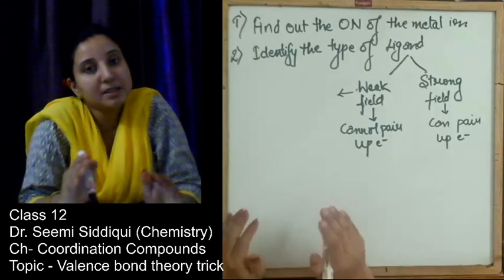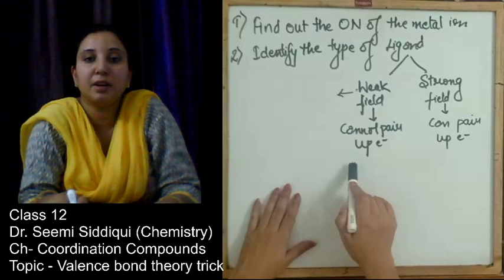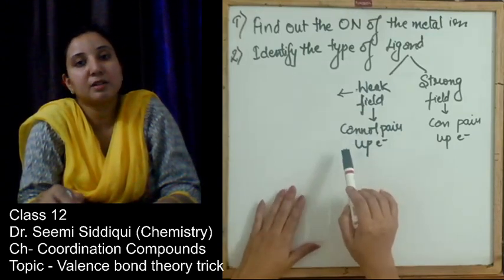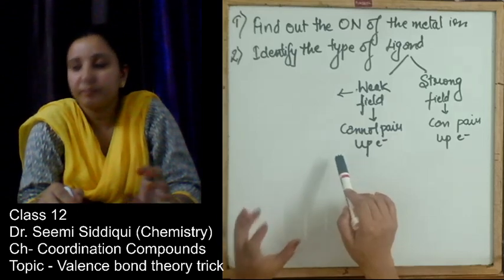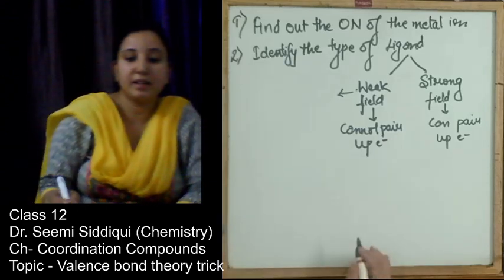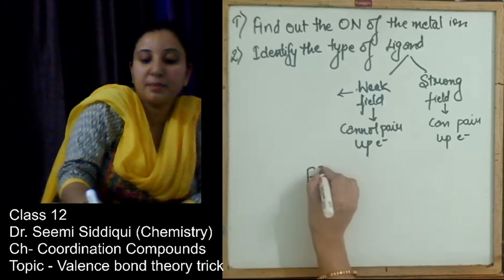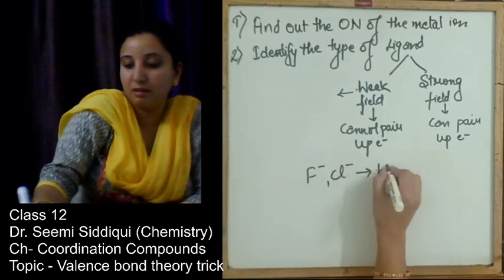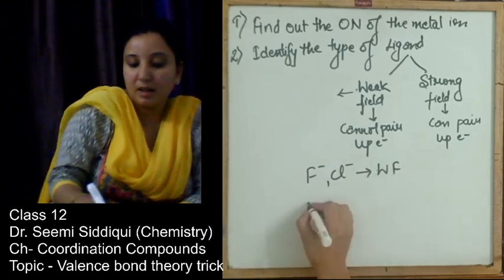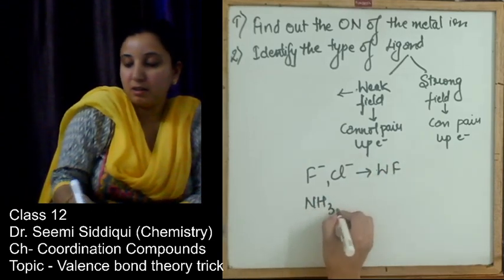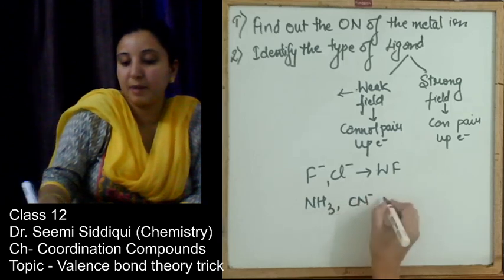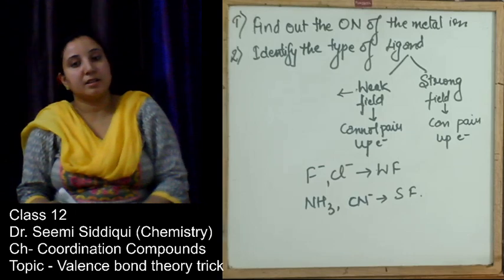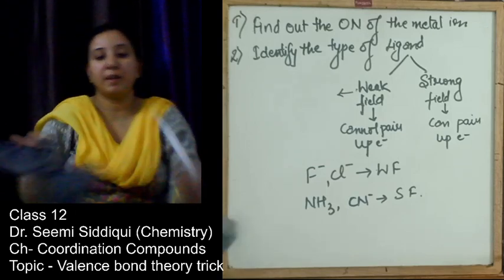Same here, there will be splitting of the d orbital, but in the case of weak field ligands, that splitting is very small. Another thing: fluorine and chlorine are weak field ligands, and NH3 and CN minus are strong field ligands. Clear? Let's look with the help of an example.